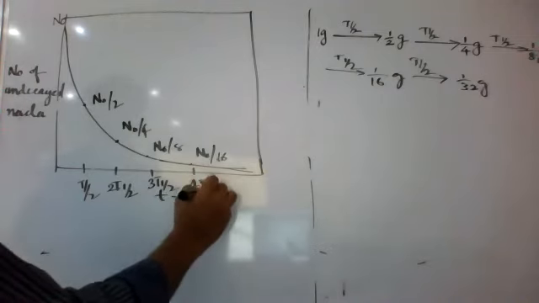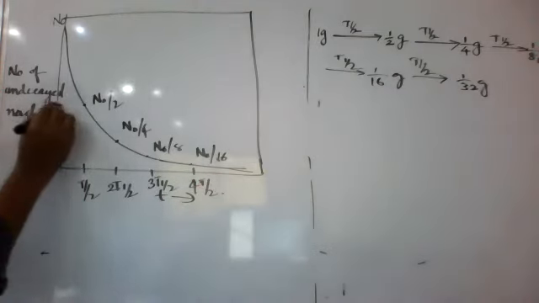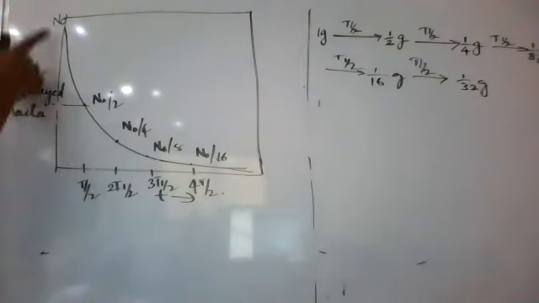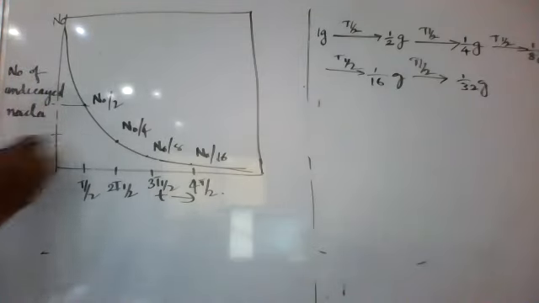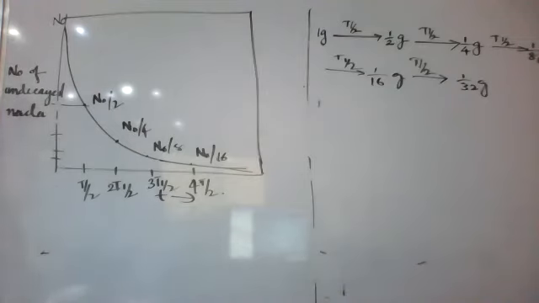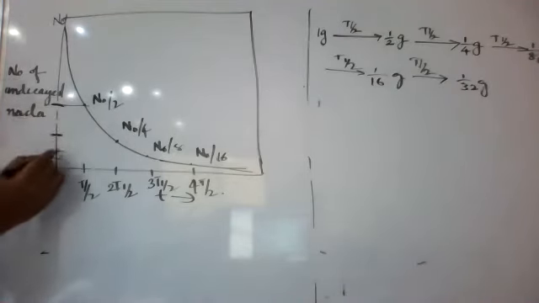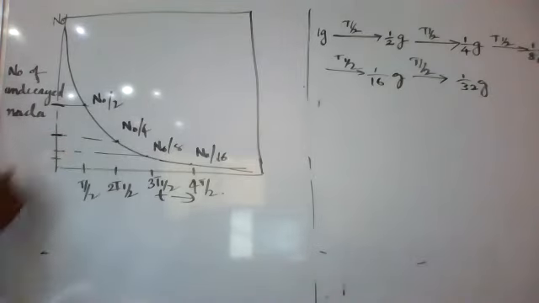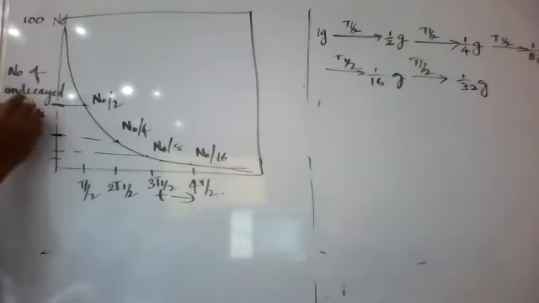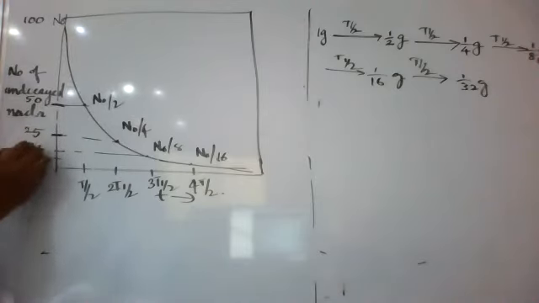How much is remaining? Half of this. Maybe if it is 100, it becomes 50, then 25, then 12.5, then 6.25. Understood now?